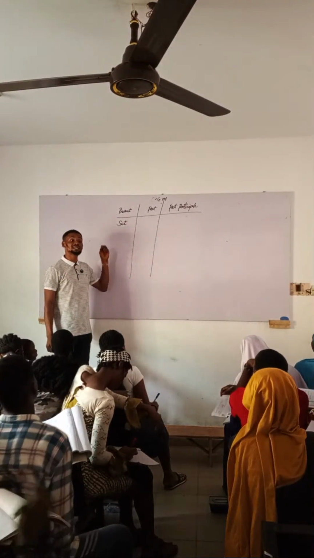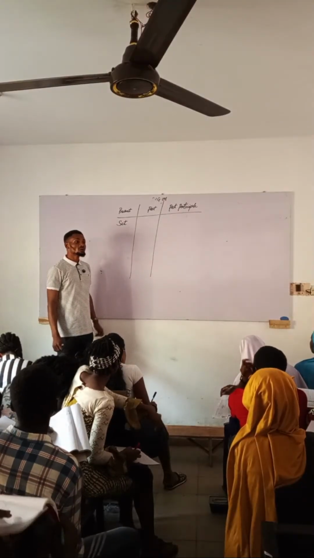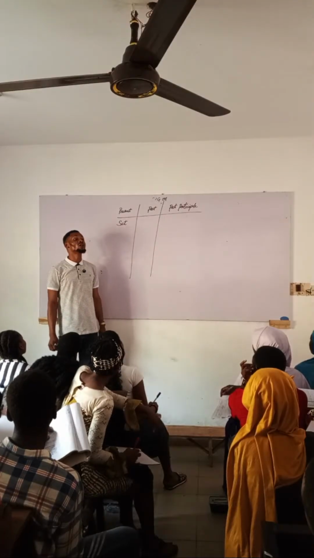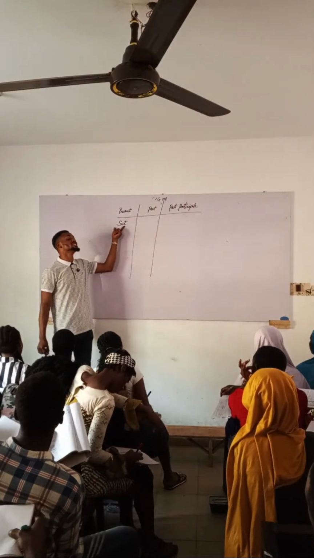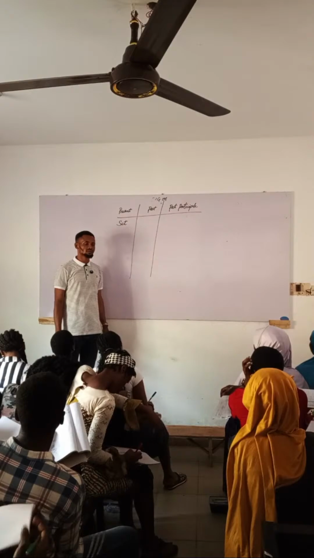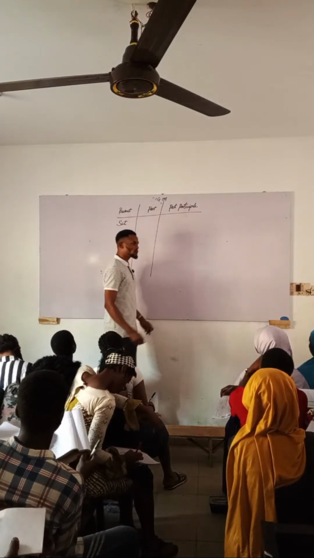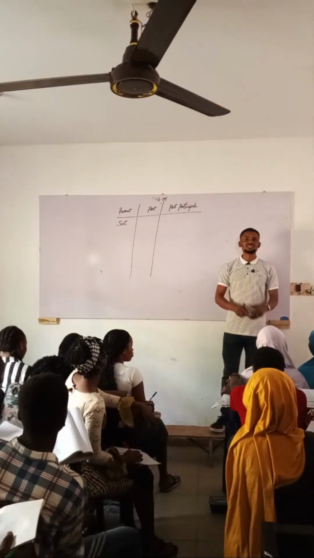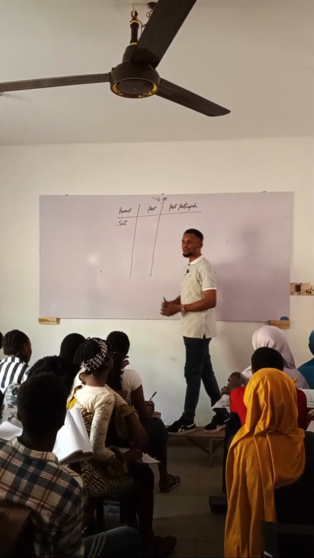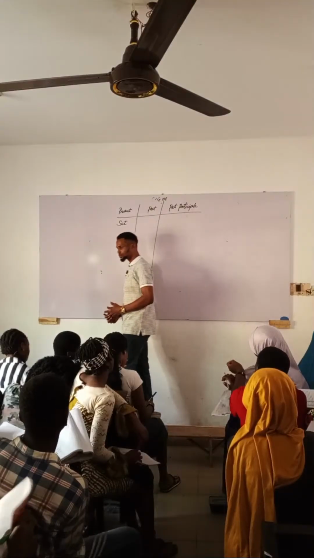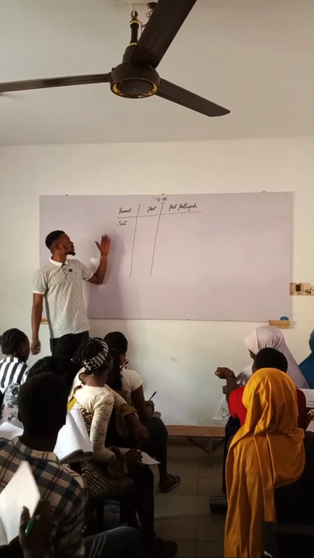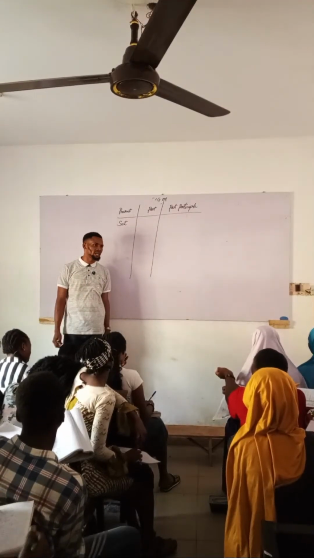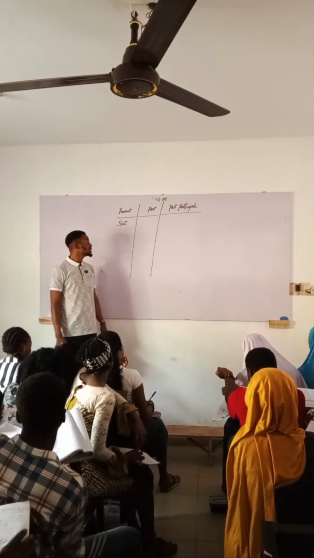What part of speech is this? Verb. I don't want to believe you are suffering from English. Class of word is also the same as part of speech. When we are talking about present, past, past participle, we are talking about verbs.